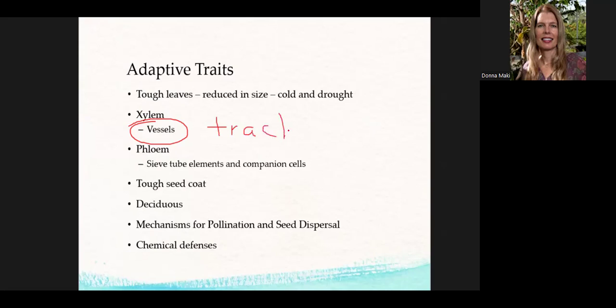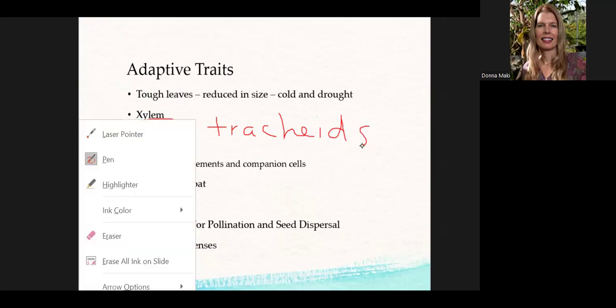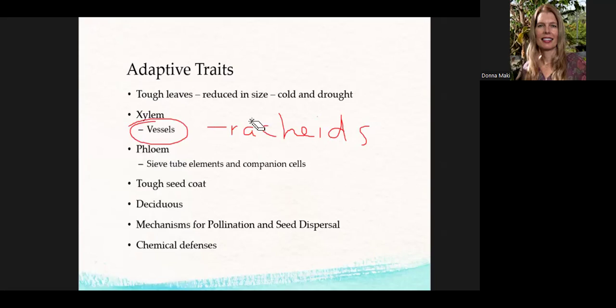Tracheids are the more primitive type, but don't forget, angiosperms also have those. But when you're thinking about what made them so successful, the idea that they came up with vessels made them more successful in terms of being able to spread and adapt to more areas than the gymnosperms.